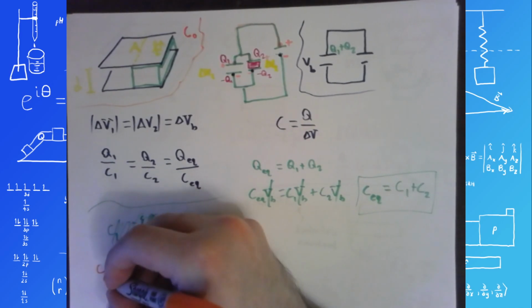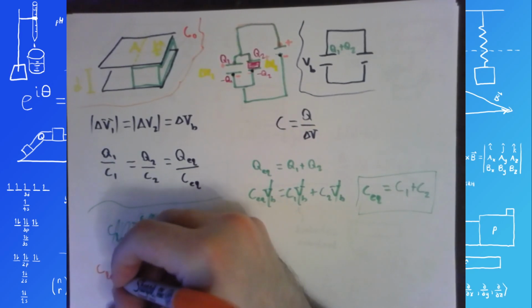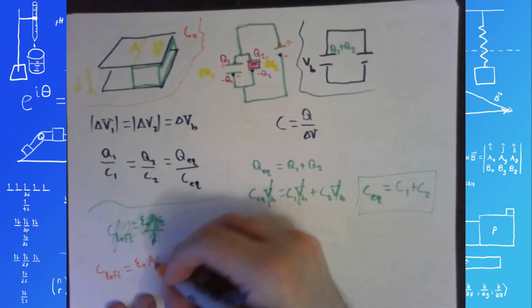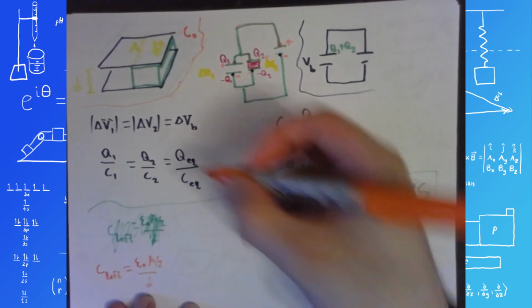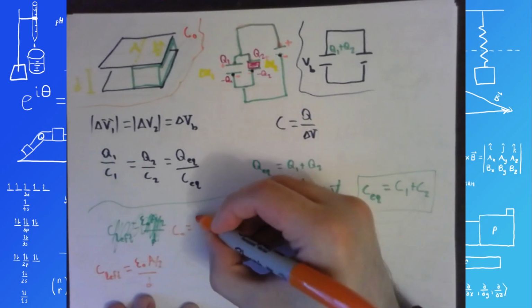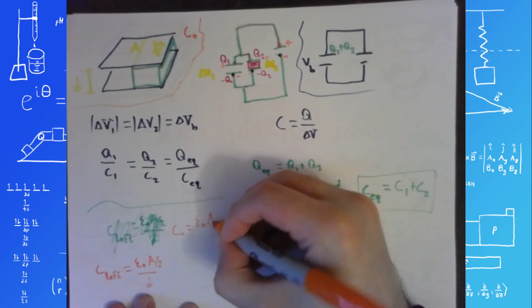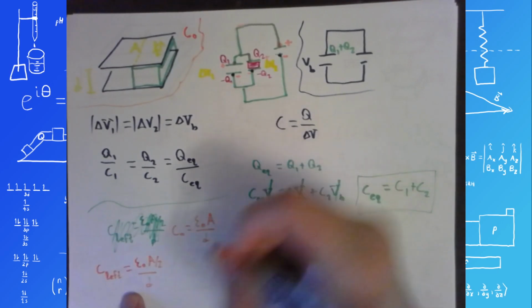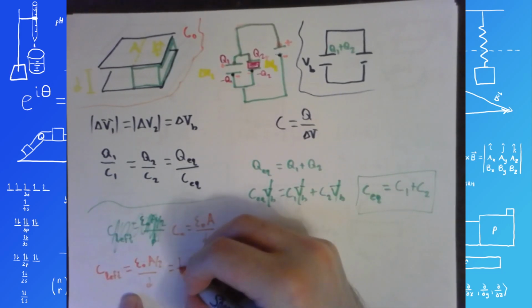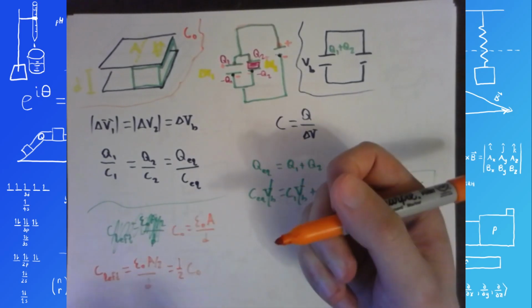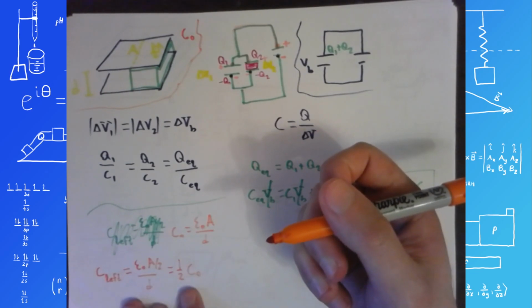I guess I was just thinking a couple steps too far ahead. So for the left-hand side, it's going to be epsilon naught A over 2 over D. And we know for the original capacitor, C0 was epsilon naught, just the total A over the total D. So we know that C left is equal to 1/2 of C0. Okay, that's what I wanted this for.